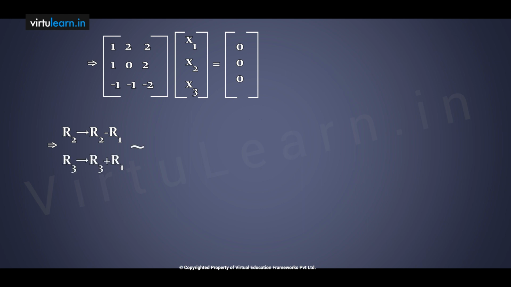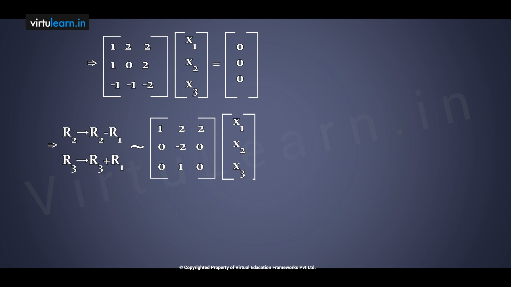These are nothing but row transformations. For the first row I am not doing anything: 1, 2, 2. R2 minus R1 gives 0, 0, 0 minus 2, and so on. Now R3 changes as R3 plus R1: minus 1 plus 1 is 0, minus 1 plus 2 is 1, minus 2 plus 2 is 0, into vector x1, x2, x3 equal to 0, 0, 0.